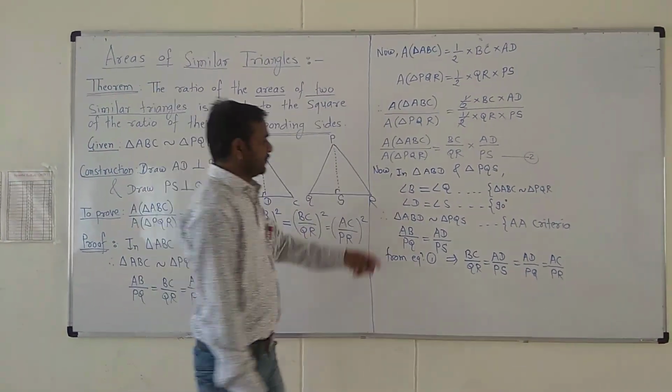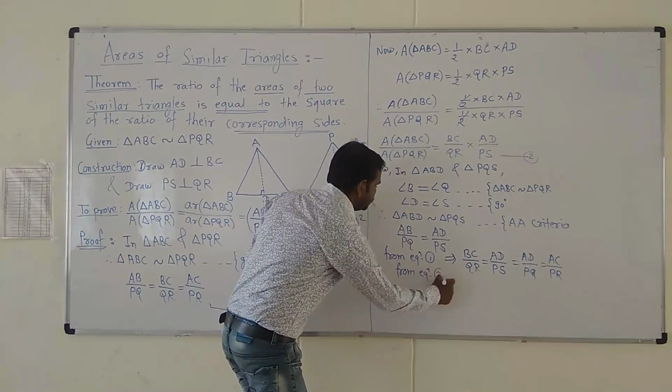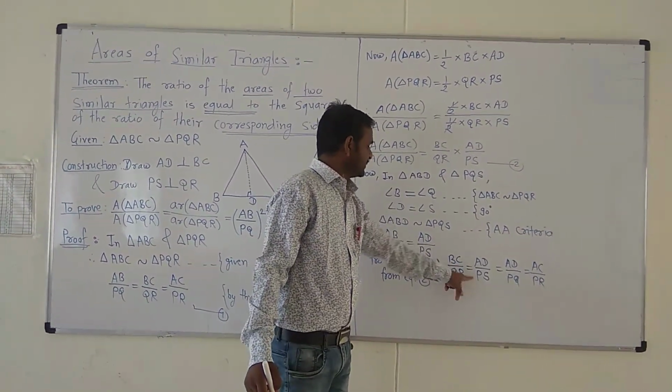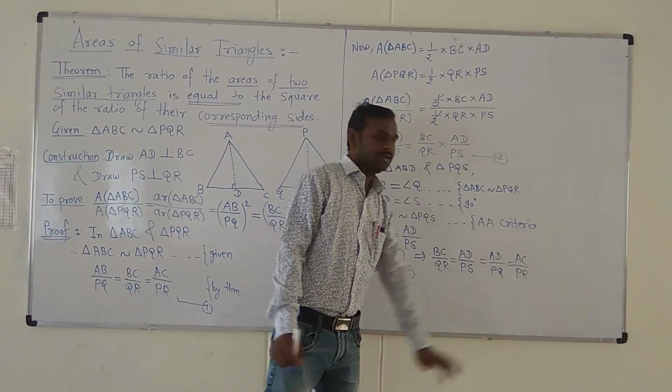So from equation number 2, we put this value: AD upon PS is equal to BC upon QR, also AB upon PQ, or AC upon PR.